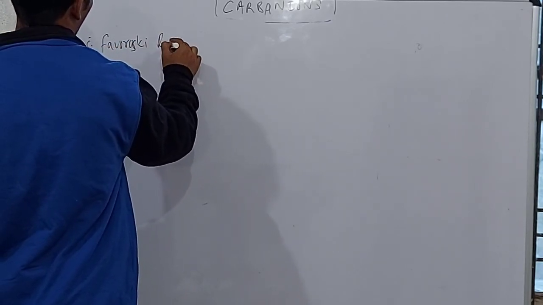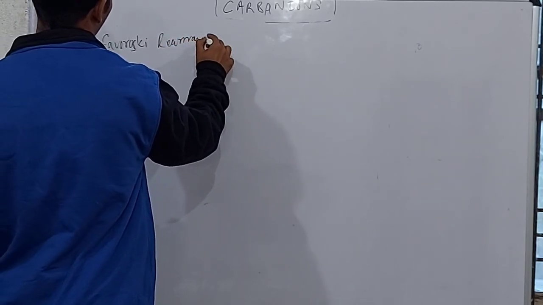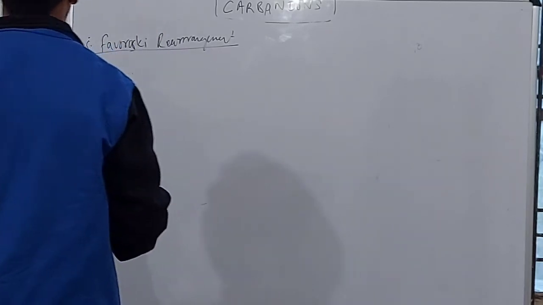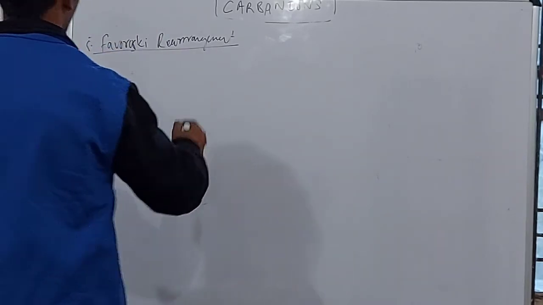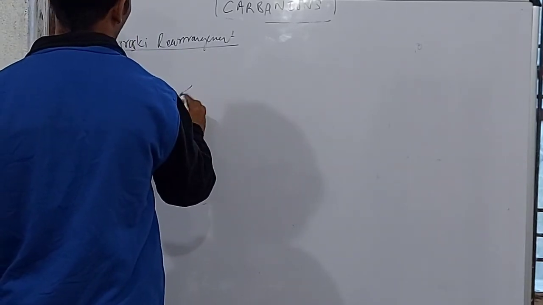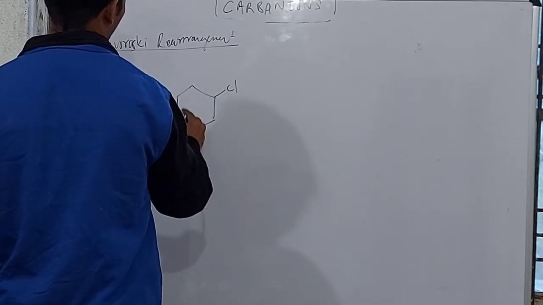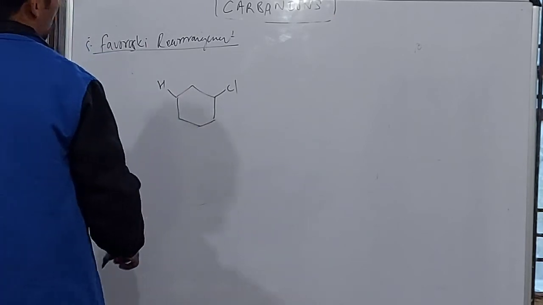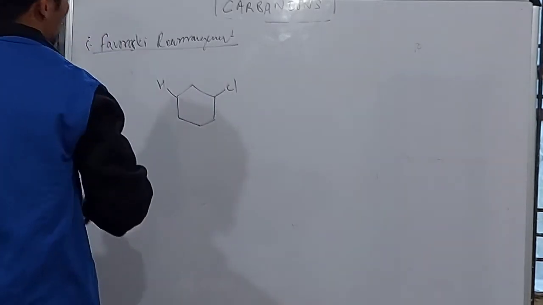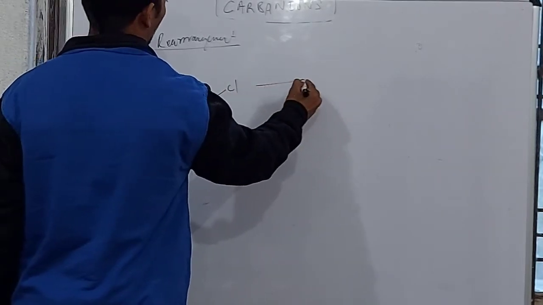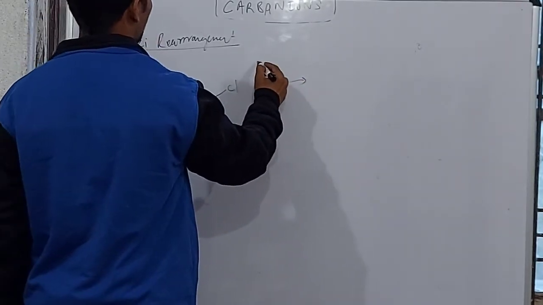The rearrangement of cyclopropanone and alpha haloketone in the presence of base to a carboxylic acid derivative is known as Favorskii rearrangement. In this reaction, we take an alpha haloketone and in the presence of base, nucleophilic attack is on hydrogen.